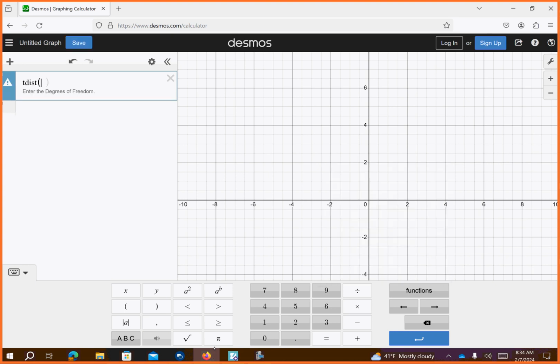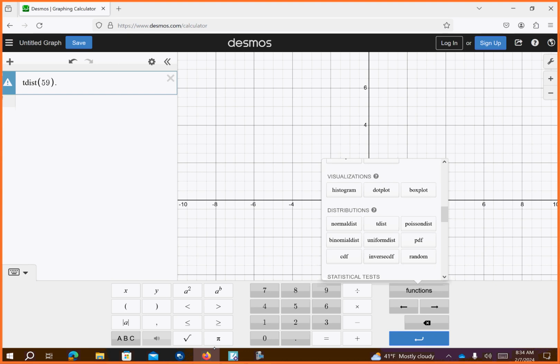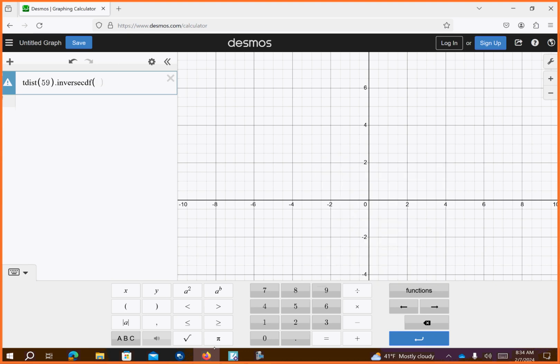We'll find the 95 first. 59 is the degrees of freedom, and then go back into functions and look for inverse CDF. Halfway to 100 is 97.5, so 0.975. Cool. All right. So what do we do after that?